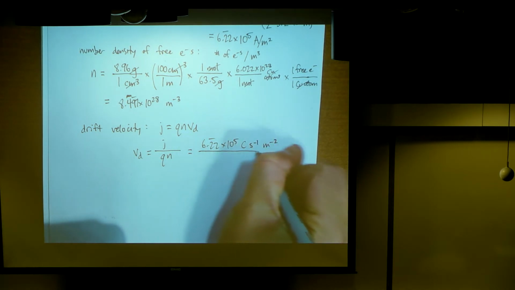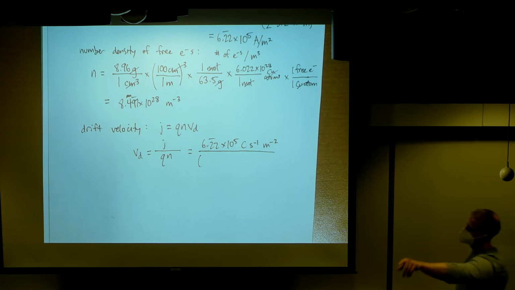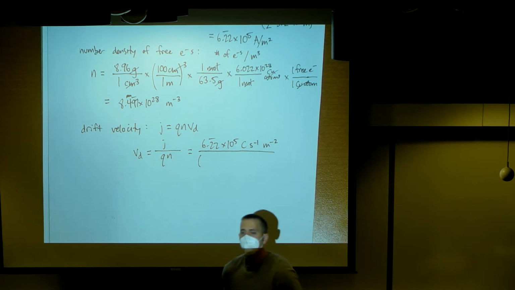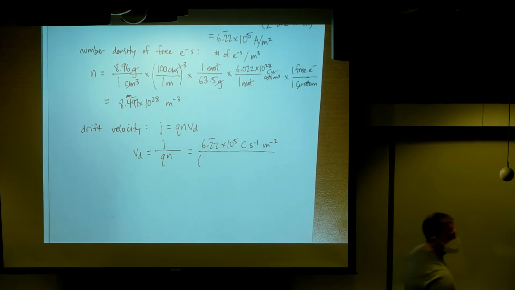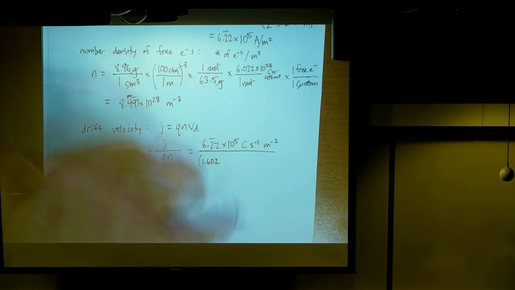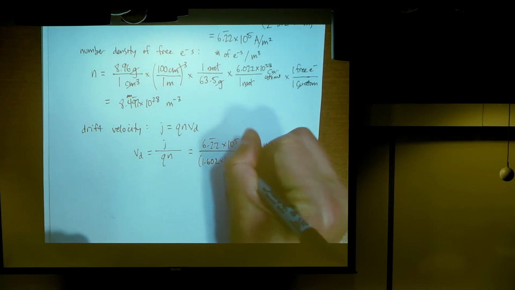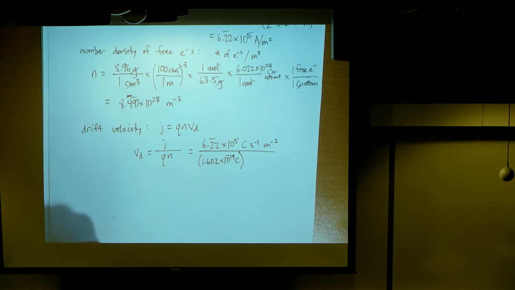And then q, we're talking about electrons here. What is the charge of an electron? Yep, 1.602. Again, I'm just getting the speed out, so we don't care about the negative sign right now. The magnitude of the charge is 1.602 times 10 to the minus 19 coulombs.